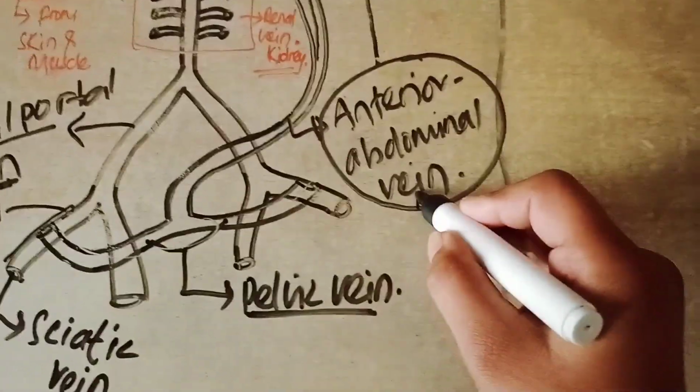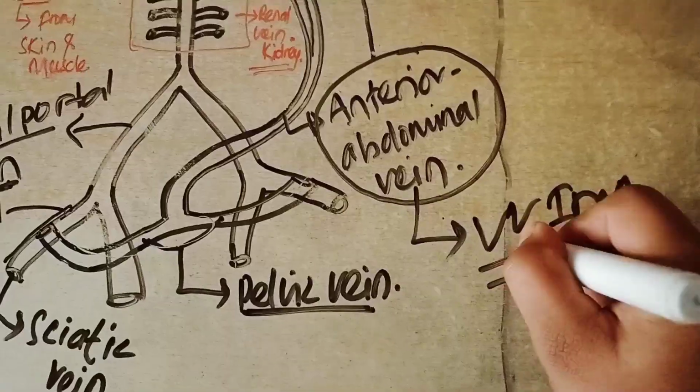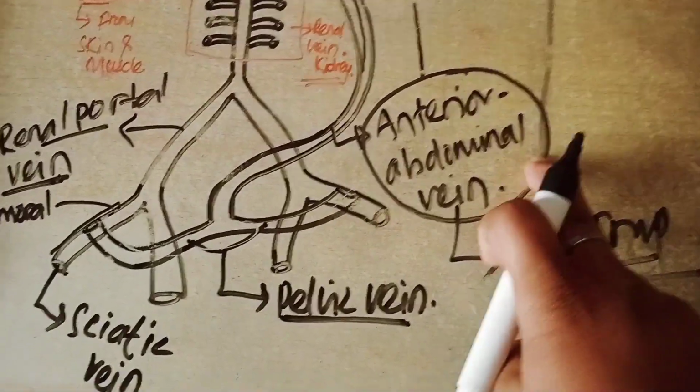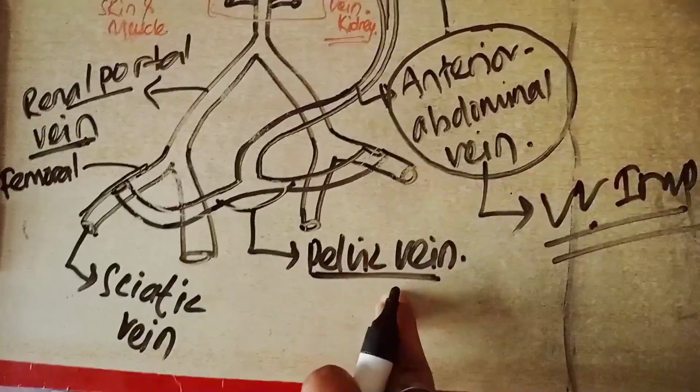And this anterior abdominal vein is very important. Anterior abdominal vein is formed by combination of two pelvic veins. This is a very important question.